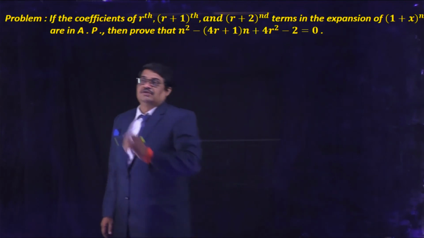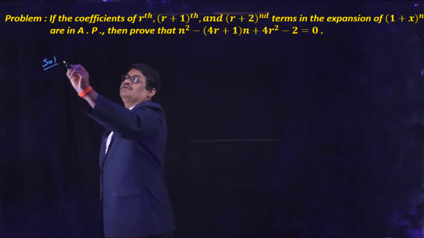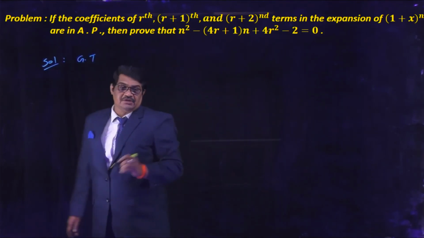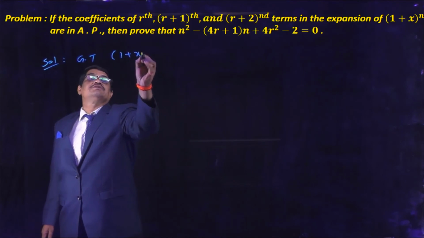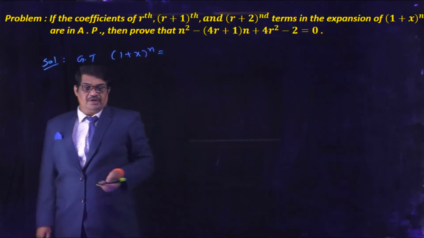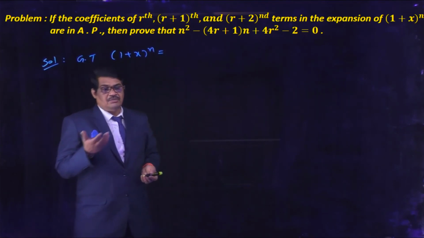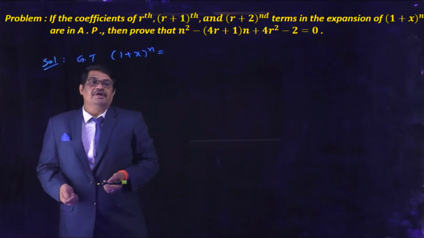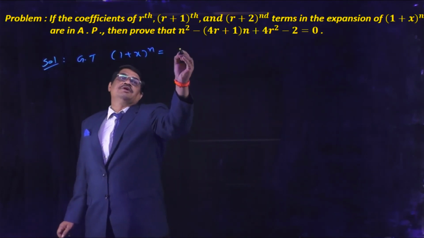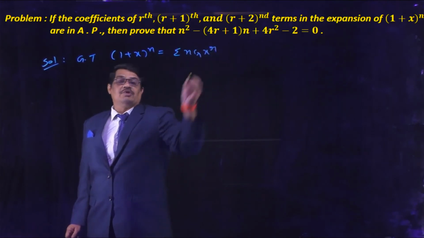See the solution. Given that, what is the given expression? That is the standard binomial expansion, 1 plus x whole to the power of n. In that, the rth term, r plus 1 term and r plus second term coefficients are in AP. This is written in the sigma notation, that is nCr x to the power of r.